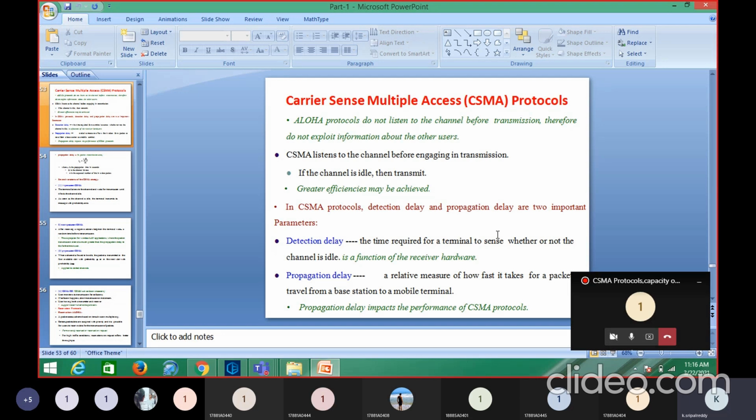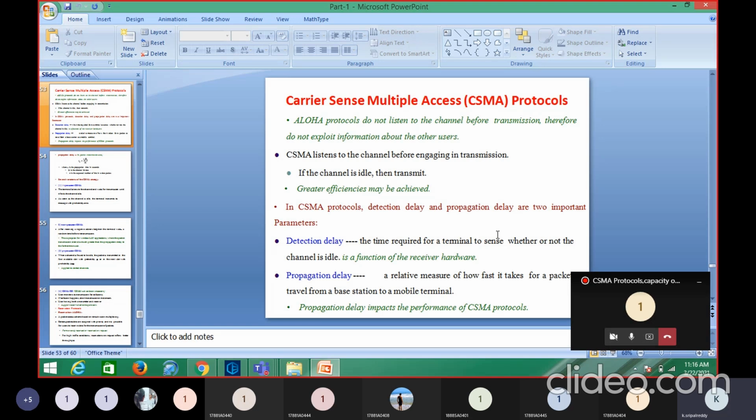In CSMA protocols, to analyze the performance there are two important parameters: detection delay and propagation delay. What is the detection delay? It is the time required for the terminal to sense, because we check before transmission in CSMA.